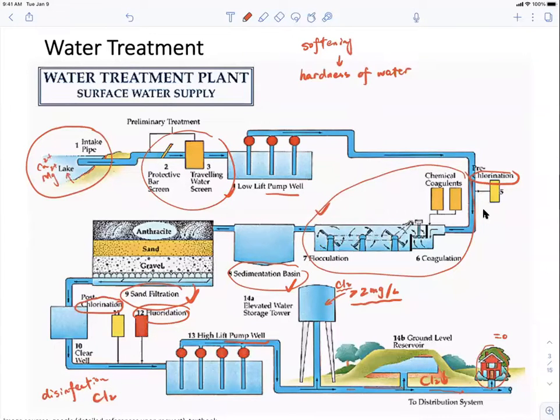So if you consider the groundwater, it's all packed with rock, right, or minerals, and the water is flowing by from here. So it's more likely that the minerals can get dissolved into the water, and then we can get a higher concentration of these calcium or magnesium ions. All right.